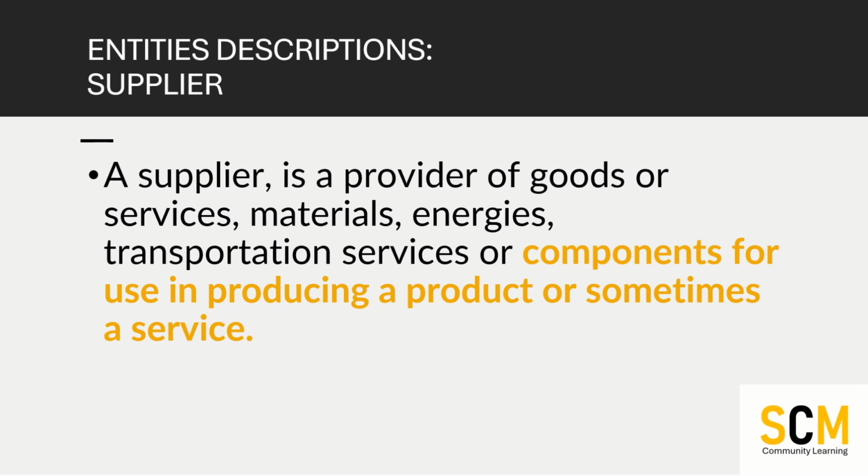This last expression is important because SCM is not only for manufacturing processes, and we can implement this strategy for services too. So once again, a supplier is a provider of goods or services, materials, energies, and transportation services.